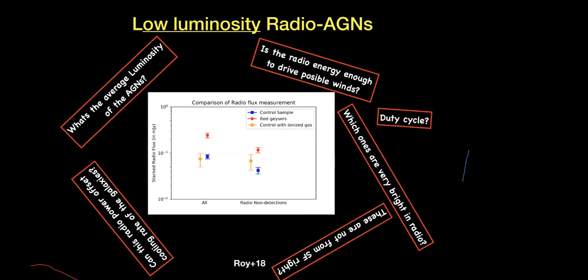For example, what's the average luminosity of the AGNs that reside in these red geysers? How many of them are radio bright? What is the radio energy? Is the radio energy enough to drive winds, etc. There are many questions that can be answered, and those are very important to know what is going on in these galaxies.